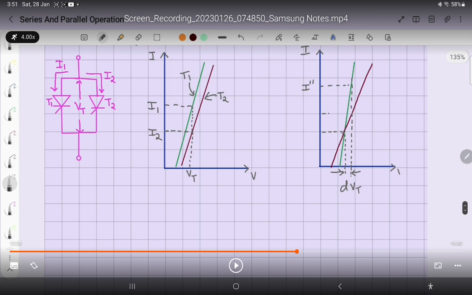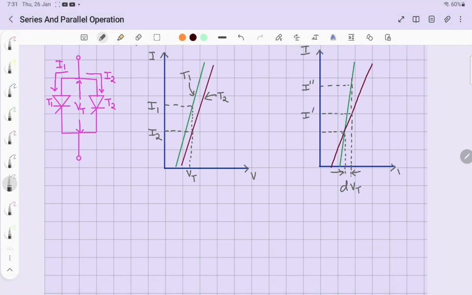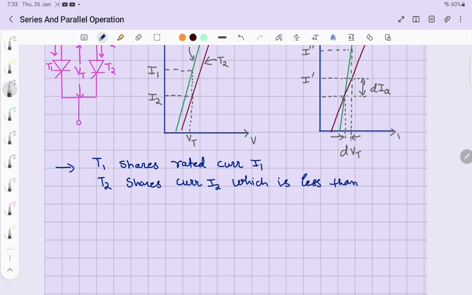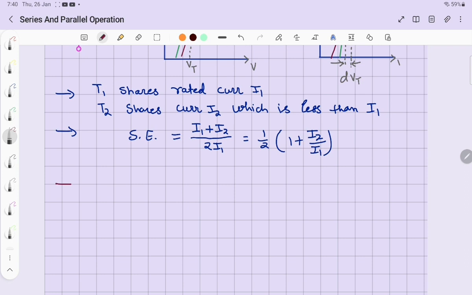This further current further heats up this thyristor, and finally it may burn, which you can see in the next characteristic, where the thyristor 1 dynamic characteristic has improved. Improved means it is now di/dt. You can notice that for the same voltage it is having more current. So in that way it will start carrying more and more current, and it may burn.